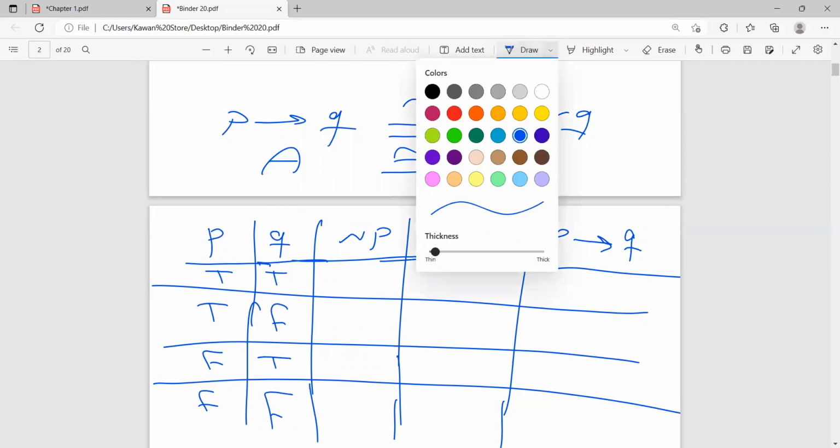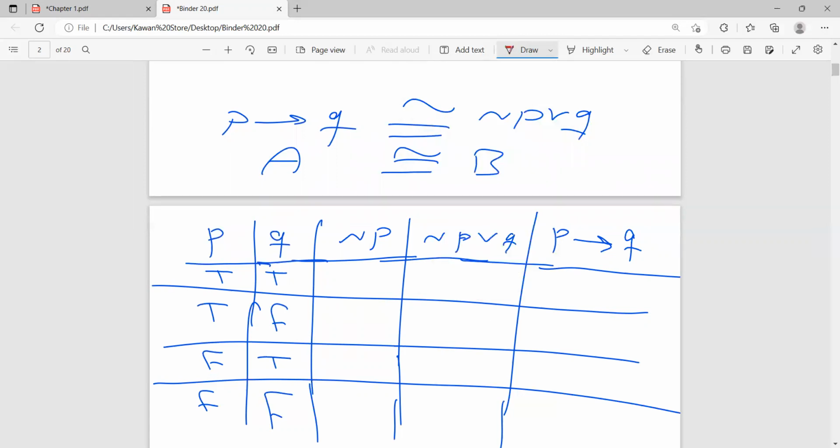Give me the result. Negation P: false, false, true, true. Negation P or Q: true, false, true, true. How about P implies Q, then that one?